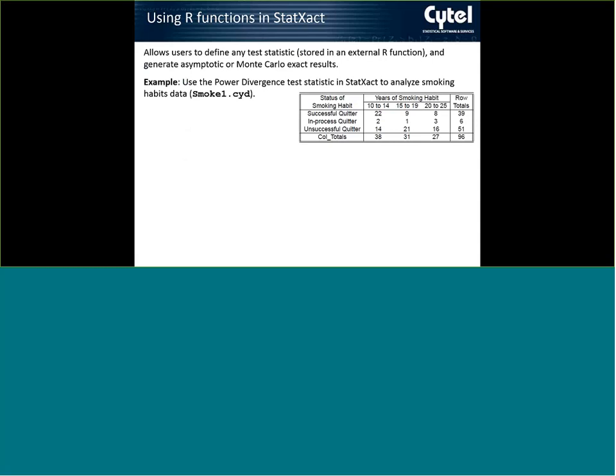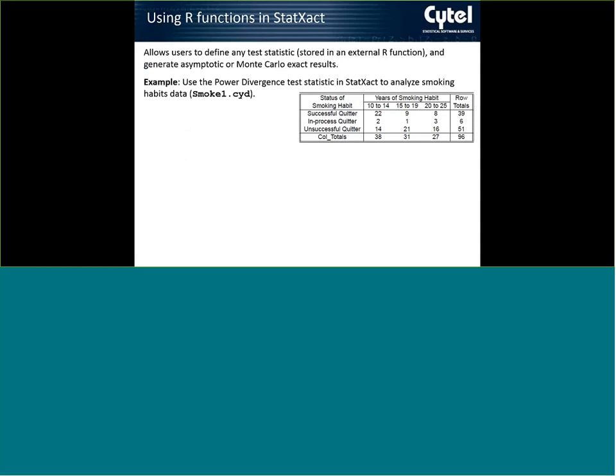Just as an example, I'll go through this quickly so that we have some time here at the end. But the upshot is that a user can define their own test statistic within an external R function, and call that function within the StatXact environment to use StatXact's computational engines to evaluate that test statistic.